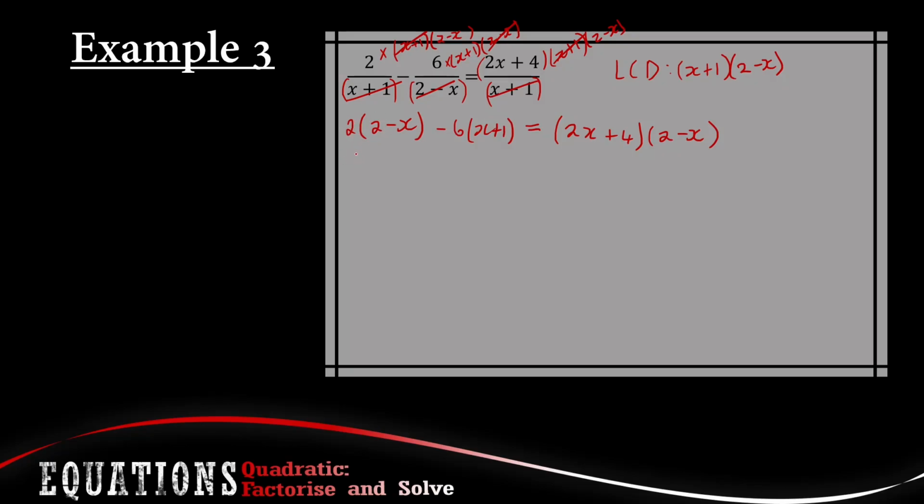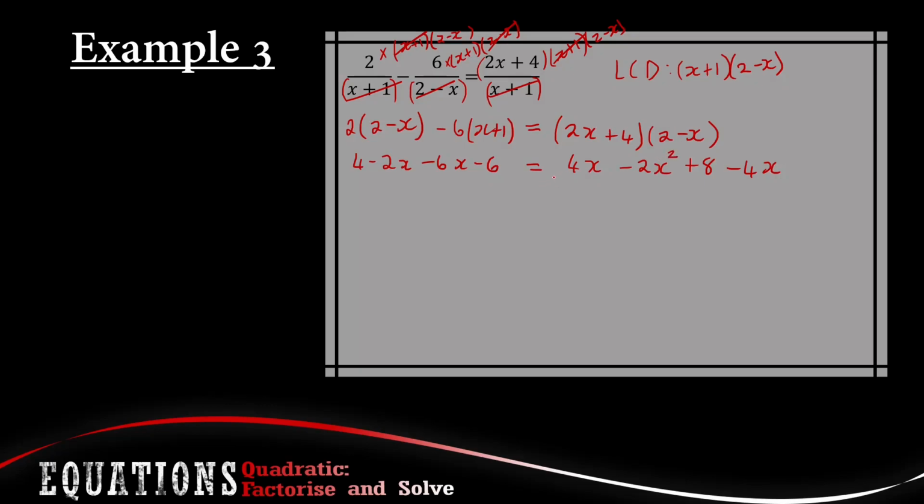So we have 4 minus 2x minus 6x minus 6 equals, and then we FOIL this out, 4x minus 2x squared plus 8 minus 4x. Okay, and where's our x squared? We had 4x minus 2x squared. There we go.